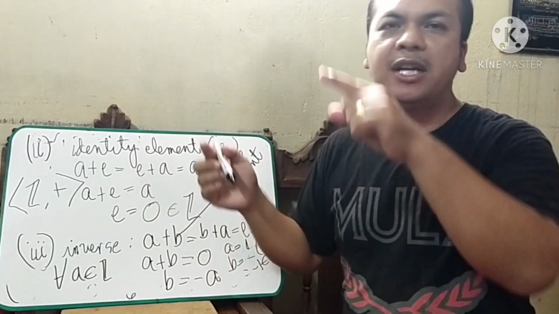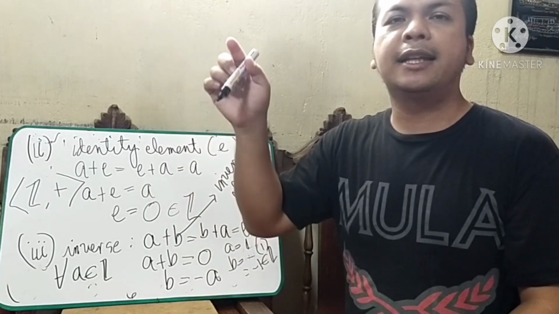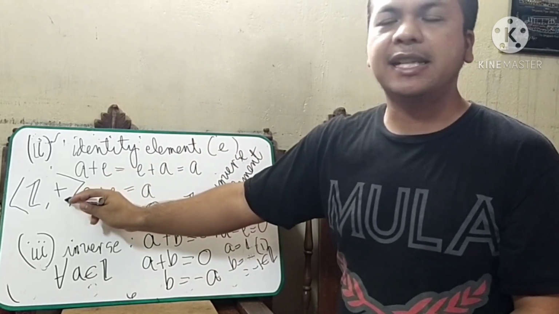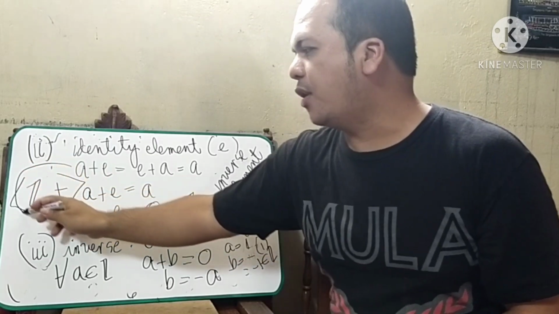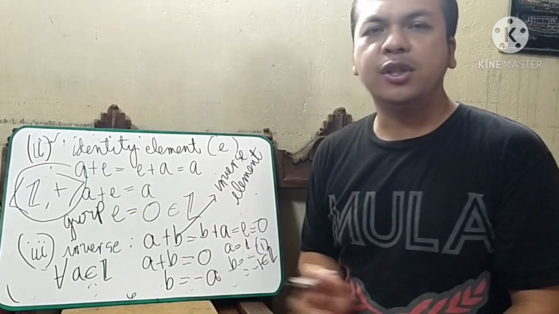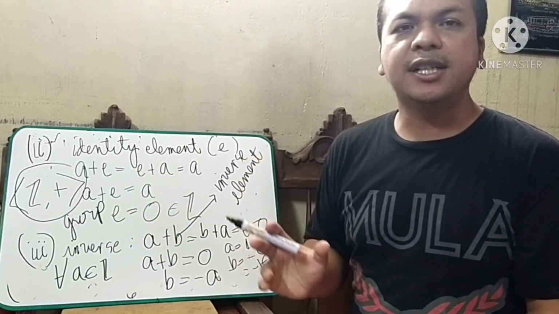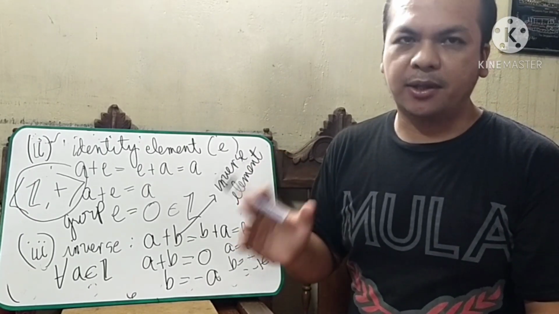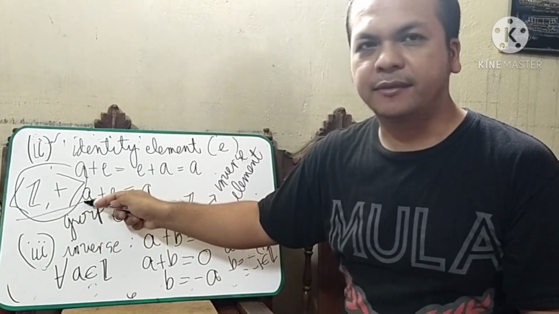So meron tayong para siyang less than symbol, then the set Z, then comma, then the plus sign, then the greater than symbol. This is our notation. So ang ating conclusion ay the set of integers together with the binary operation addition is a group. And how do we write that? We can write that this way.